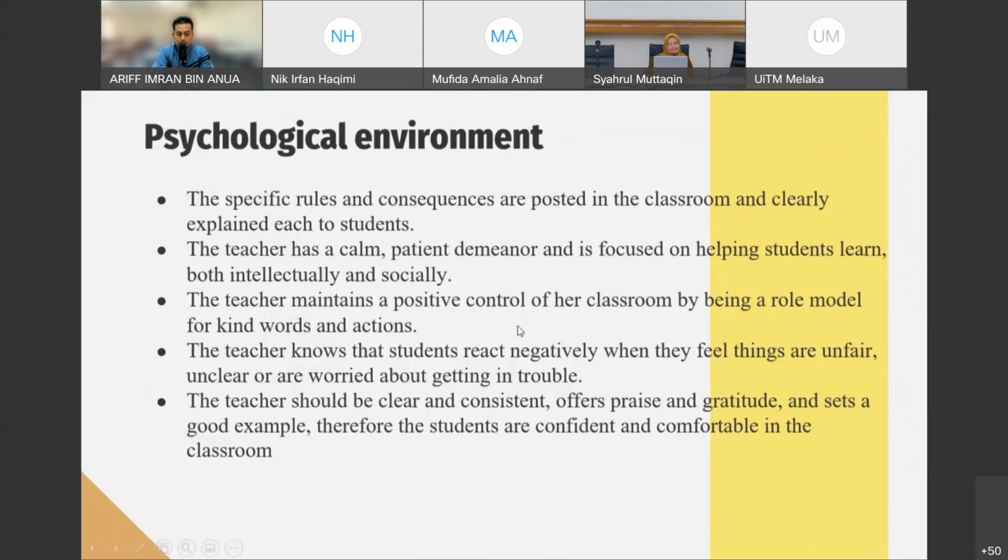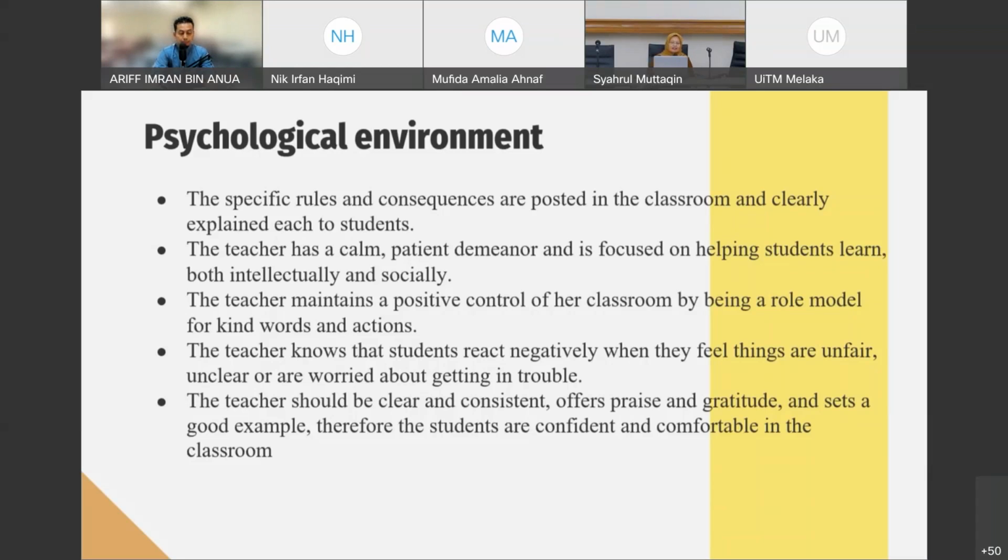The psychological environment relates to how the students feel when they are learning, how the learners feel when they are in the class, when they join the teaching and learning process. It will involve the specific rules and consequences that are posted in the classroom.